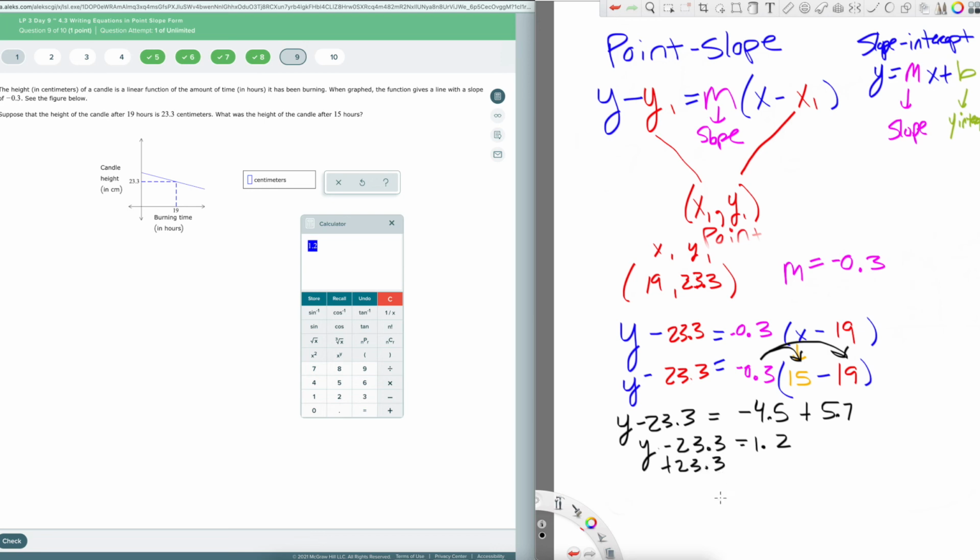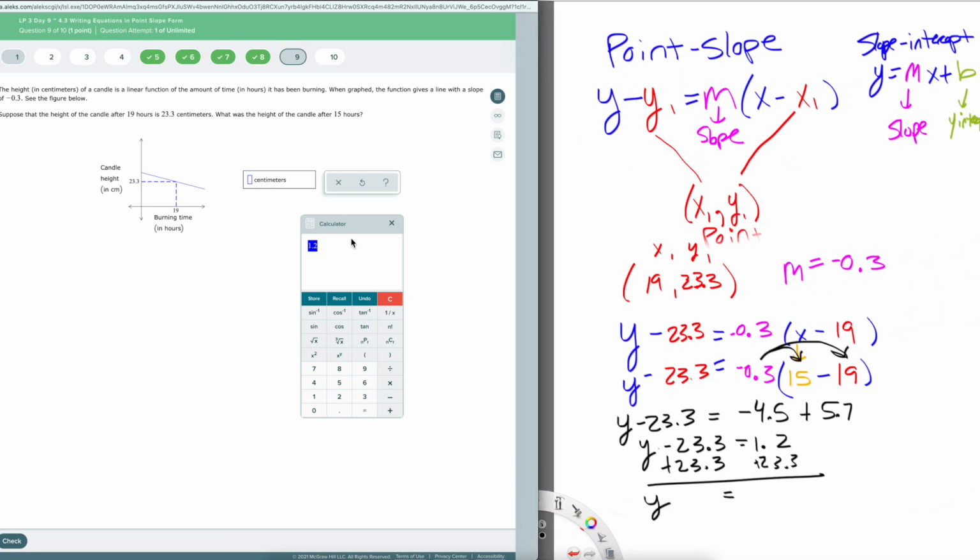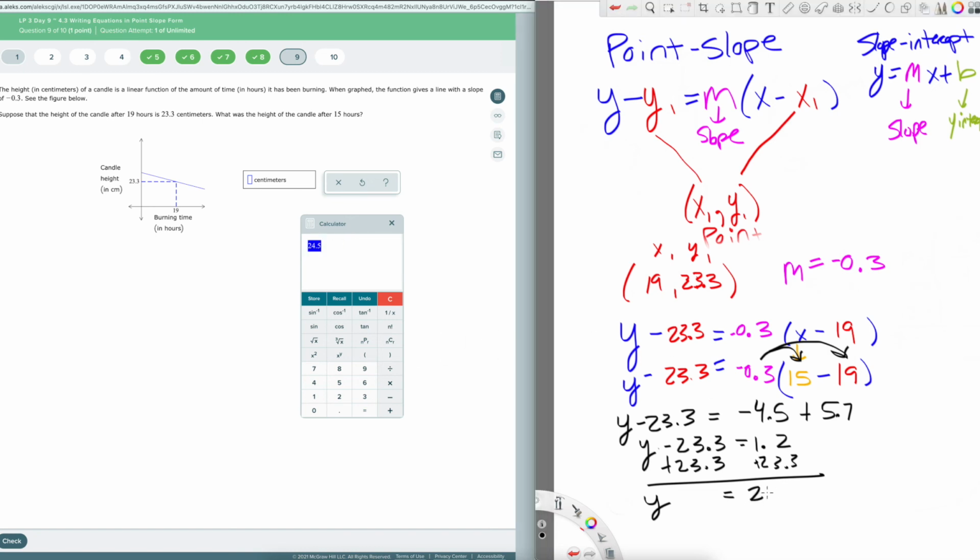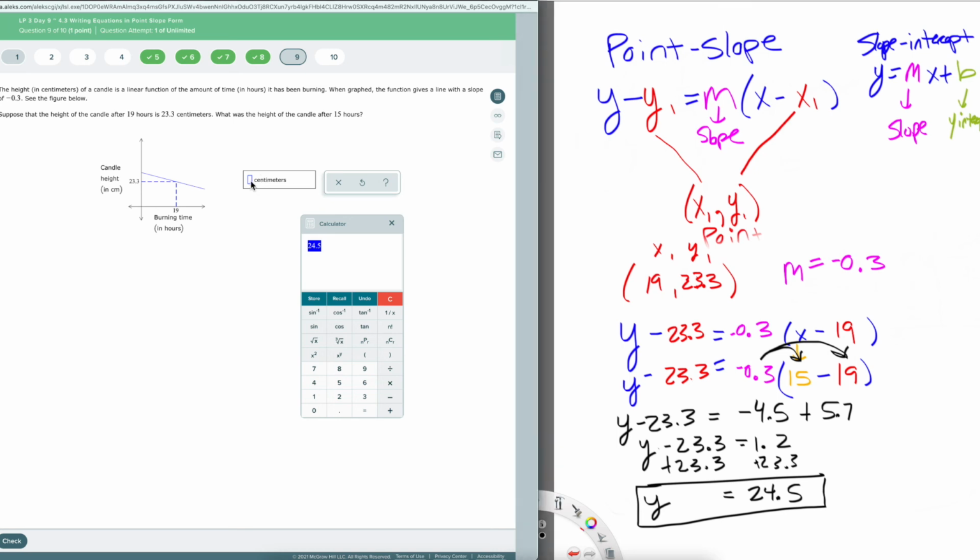So I'm going to have y equals, so we'll go plus 23.3, and we get 24.5. So at the 15-hour mark, the candle was 24.5 centimeters. This is still not our starting point because it had been burning for 15 hours at this point. So it's still smaller than it was. We could go all the way back to the beginning if we wanted to and say at 0 hours, if we plugged in 0 there, where would we be with that candle height?